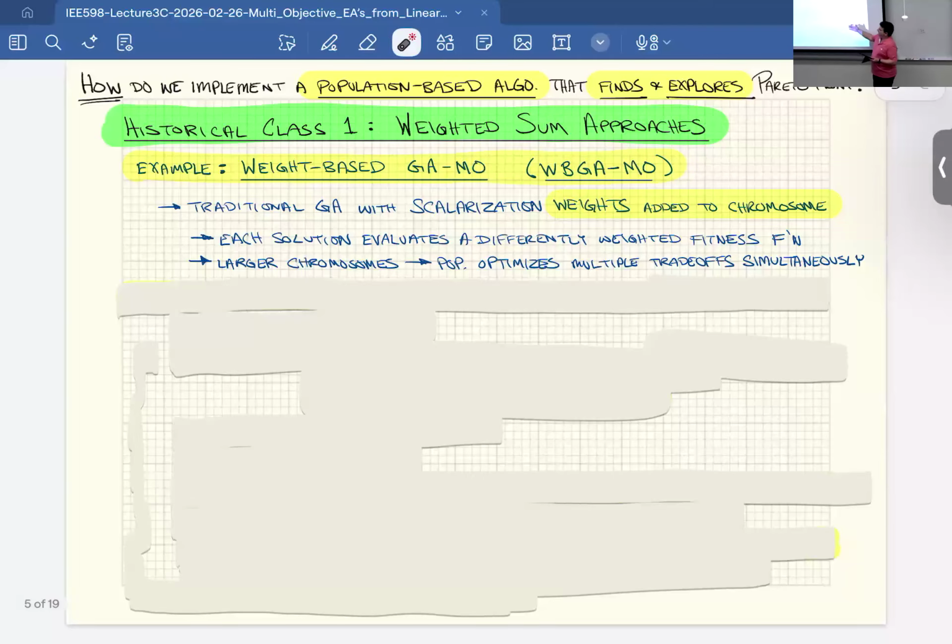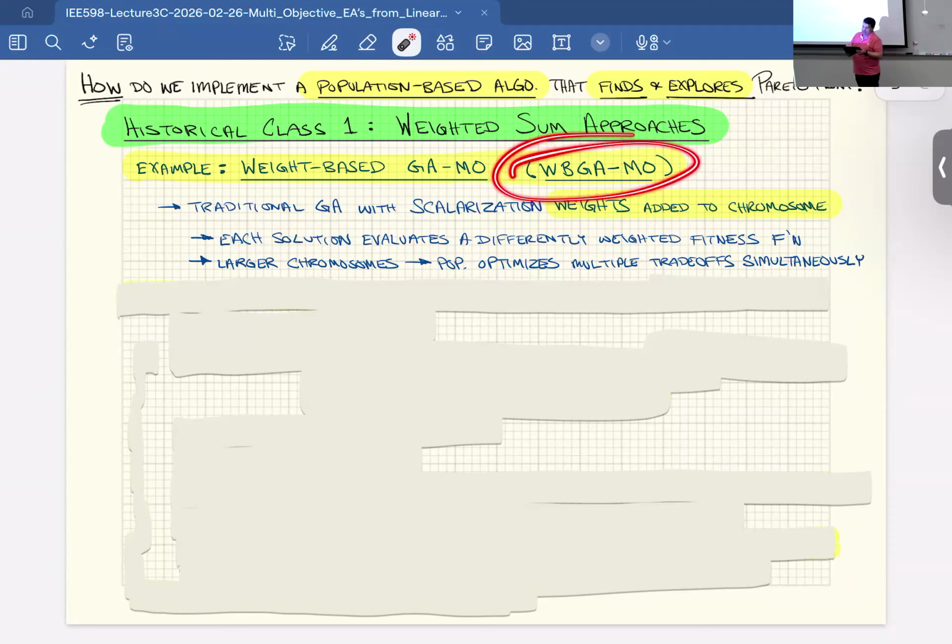So historically, there were 2 big approaches. They're basically 2 versions of the same thing. Weighted sum approaches is the first case here. Some of the very first genetic algorithms to try to solve multi-objective problems were like this, weight-based GA-MO, WBGA-MO.